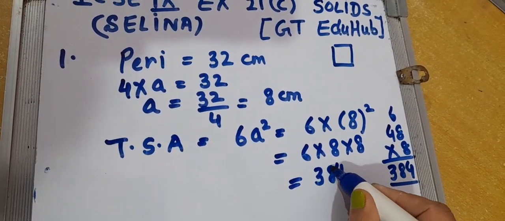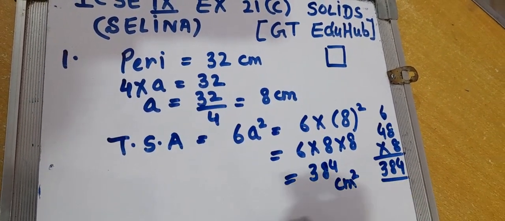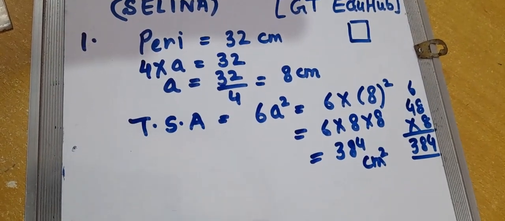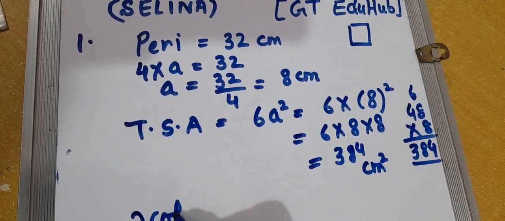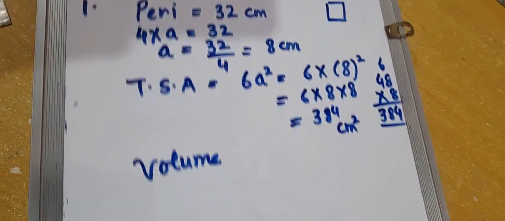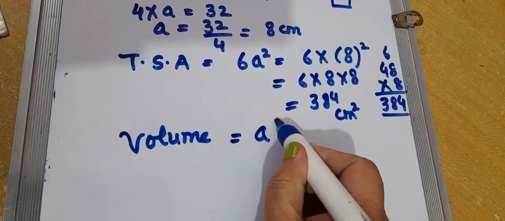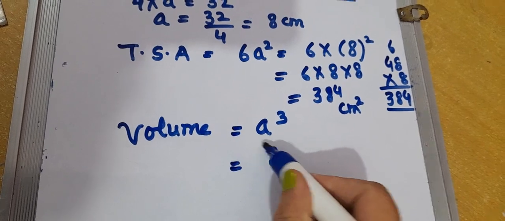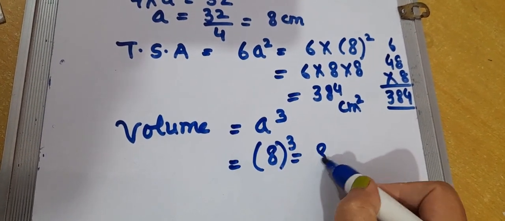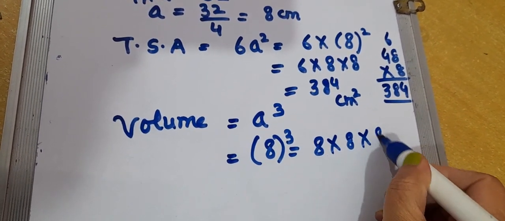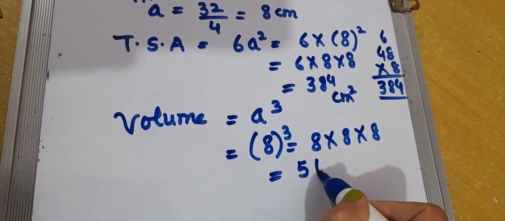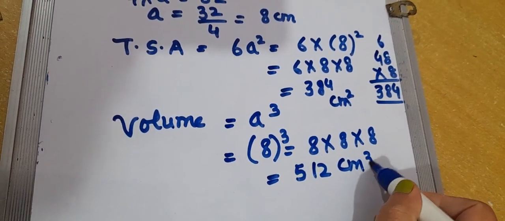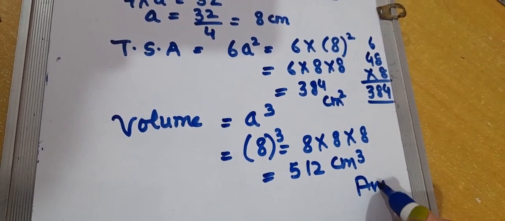So 384 centimeter square is our first answer. Now second, we are asked to find its volume. Volume is a cube, 8 cube, 8 into 8 into 8, that is 512 centimeter cube.